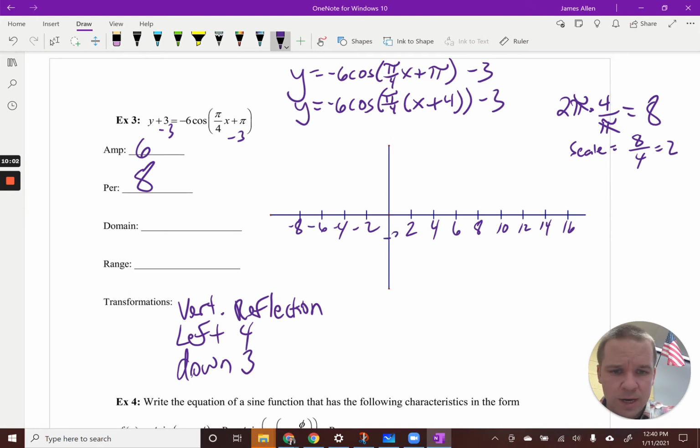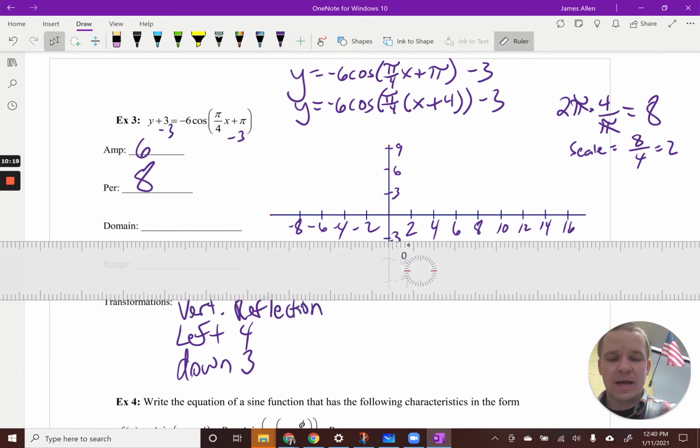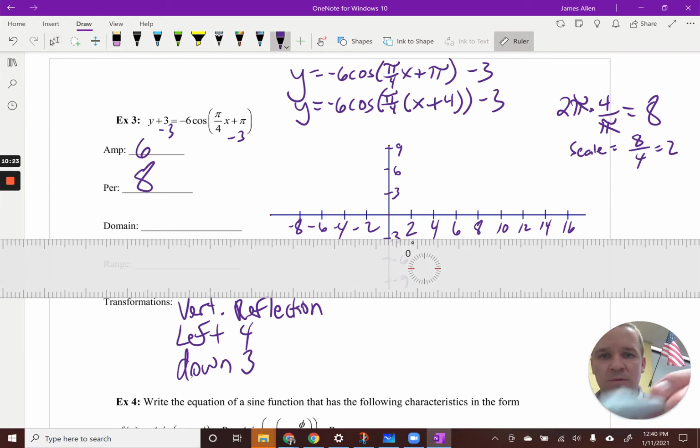Let's see here. We can go 3, -3, -6, -9, and then +3, 6, +9. Okay, cool. That should give us enough room. Now, we went down 3, right? So my midline needs to be at -3. So start with that.